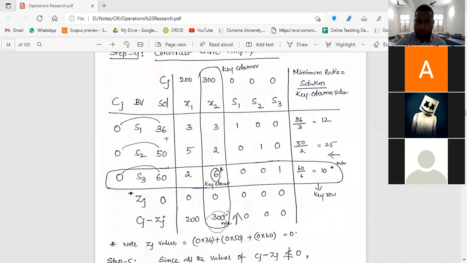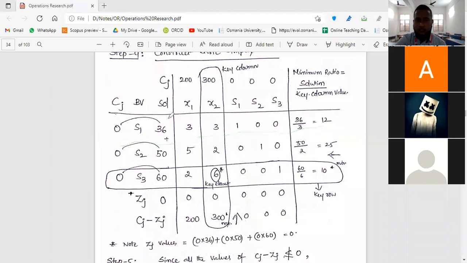Okay. Now come back to this side. We have the minimum ratio here. Minimum ratio is equal to solution by key column element, key column value. In the first row, what is the solution? You are finding the minimum ratio.